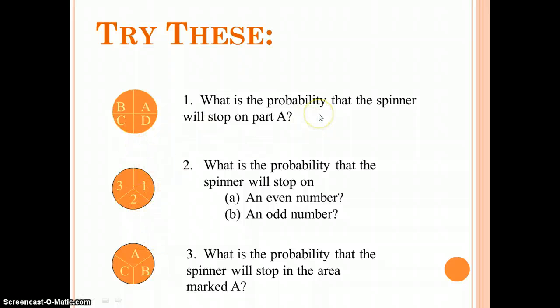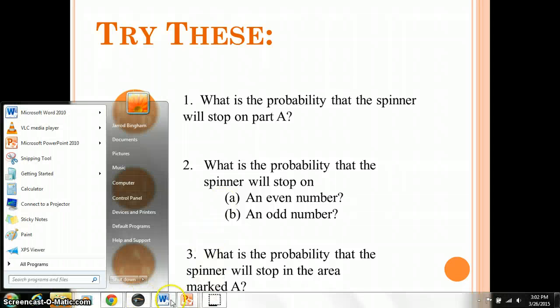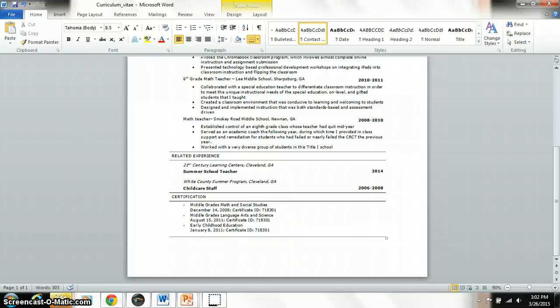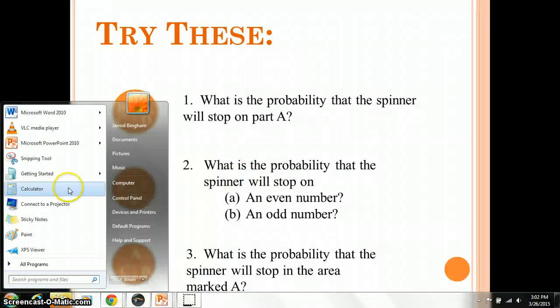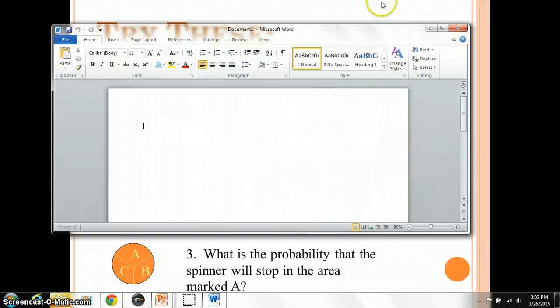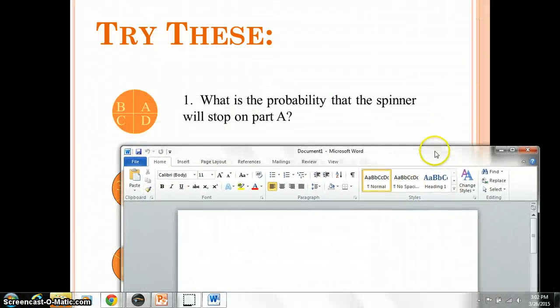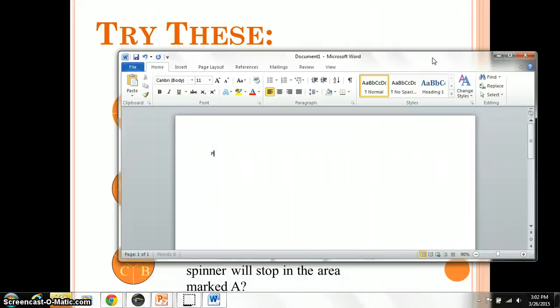What is the probability that the spinner will stop on part A? So if we look here, the probability of A, I'm just going to pull up a Word document here. Let's get a blank one. So the way we write this is, since we're finding A, we're going to put capital P(A), because we're finding the probability of A, equals.